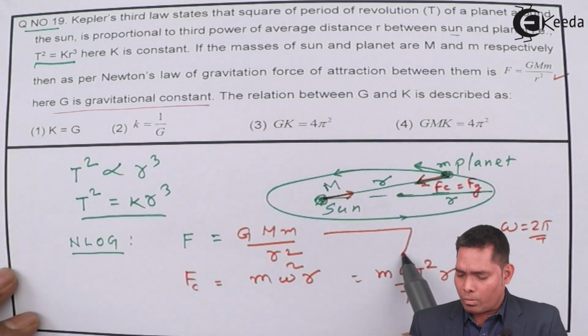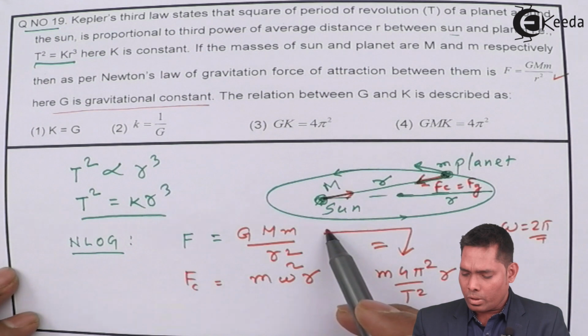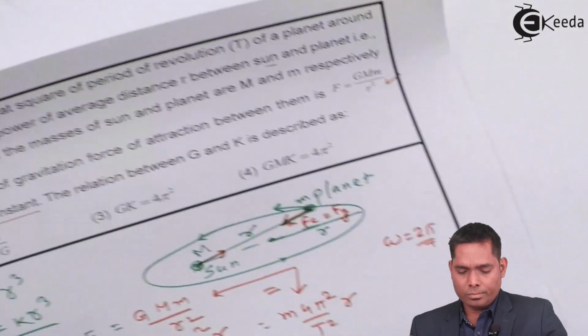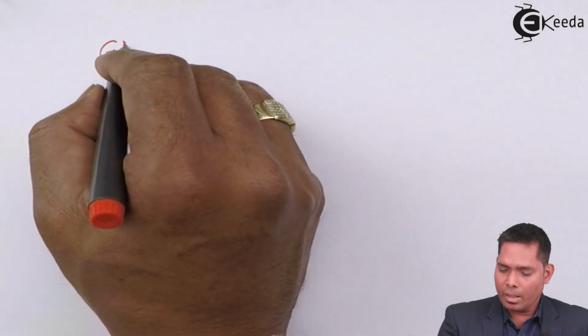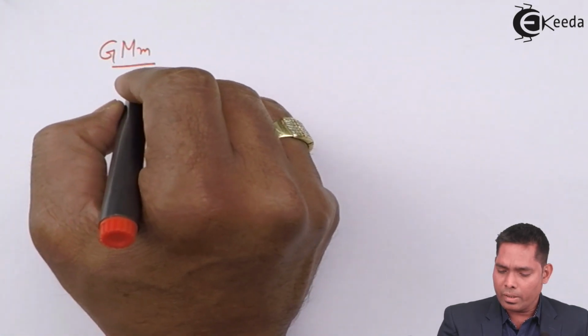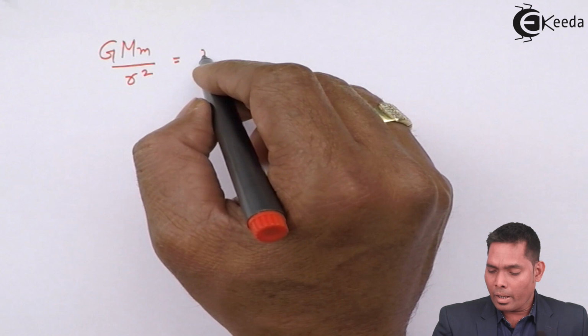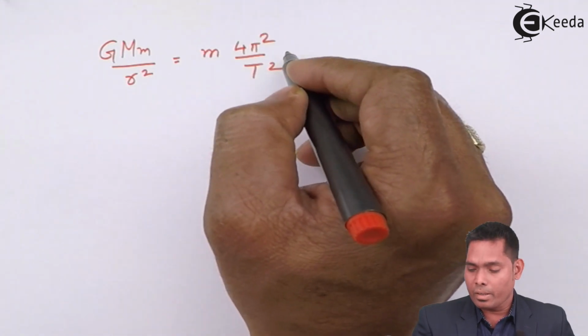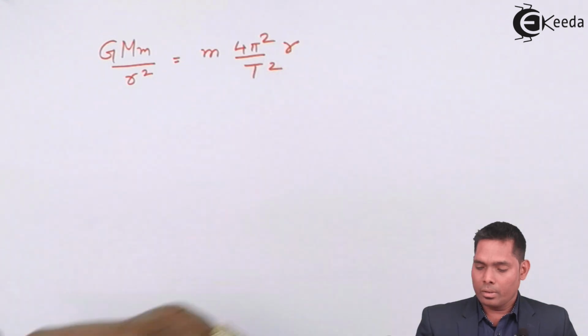These two being equal, I'll equate these two equations. Then I'll have G M m divided by r square equals m omega square r, that is 4 pi square divided by T square into r.